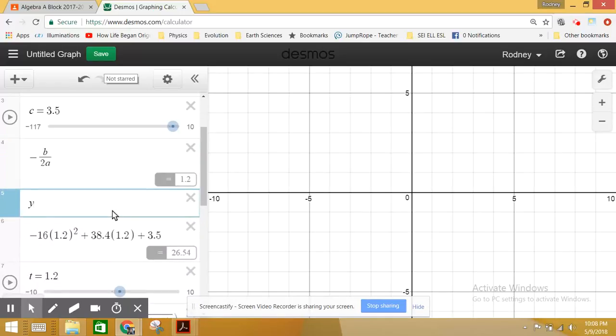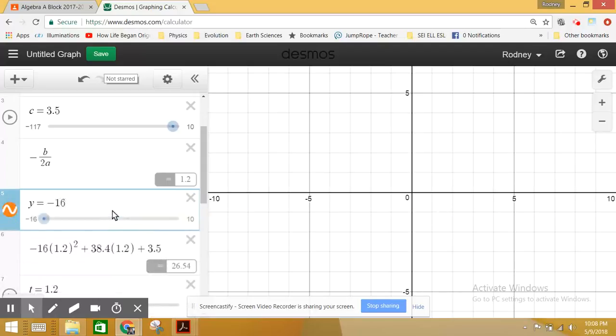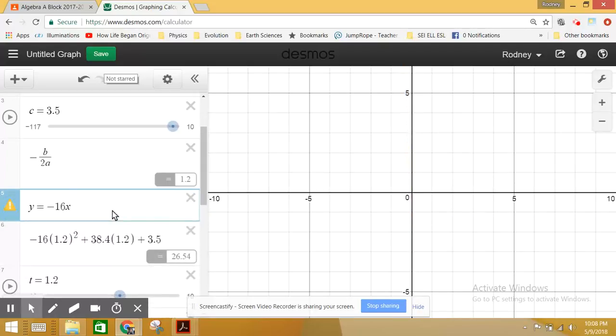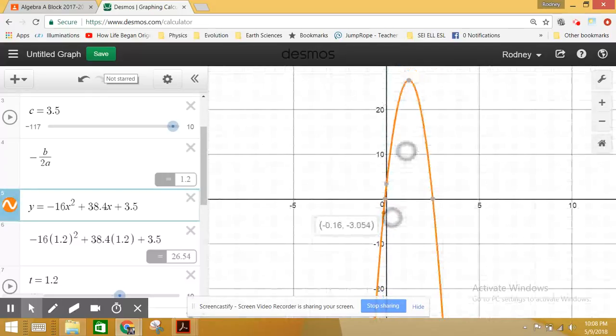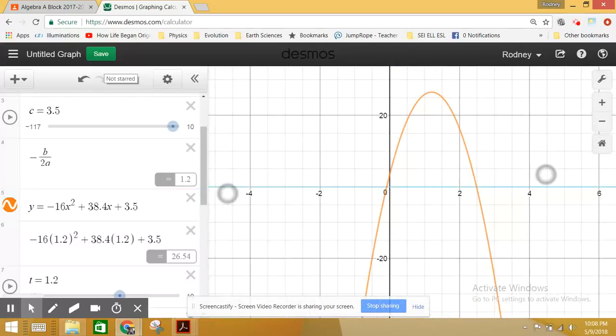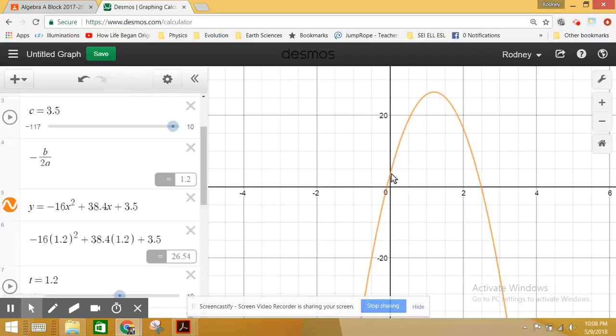I'm going to demonstrate that just a little further. We'll say y equals negative 16x squared plus 38.4x plus 3.5. I'm using x instead of t here. And here we have our little parabola. What shows up on the right there is my y-intercept, which is how high the ball was when it started.